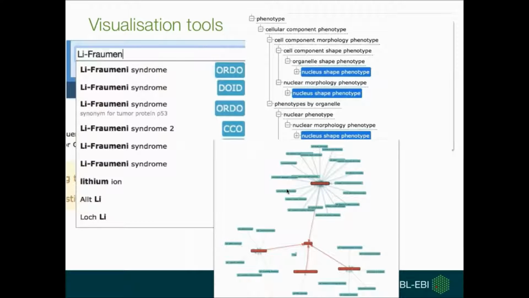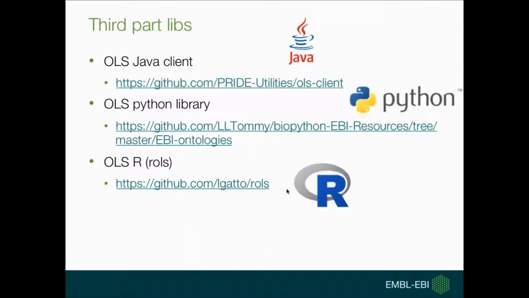And the other thing to mention is all the visualization components have been developed to be generic. So if you're developing applications and you would like to have a graph-based view of some ontology terms, or a tree view, or one of these autocomplete boxes, we're developing standalone JavaScript libraries so that you can easily take these user interface components that we've got in OLS and deploy these in your own websites or the applications that you're developing.